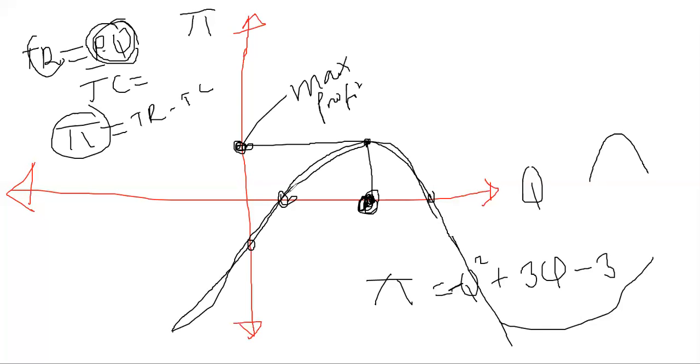So a rational profit-maximizing firm will produce up to this point and stop here, because once he or she goes beyond that, he will be making lesser profit. He will be making profit, but lesser profit. So he will stop producing beyond here and will not stop producing less than here. He or she will settle at this point, because this is the point where maximum profit is made.